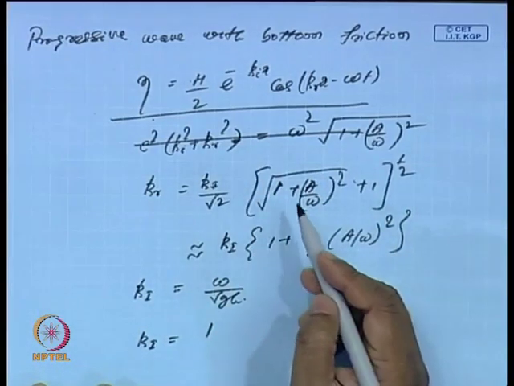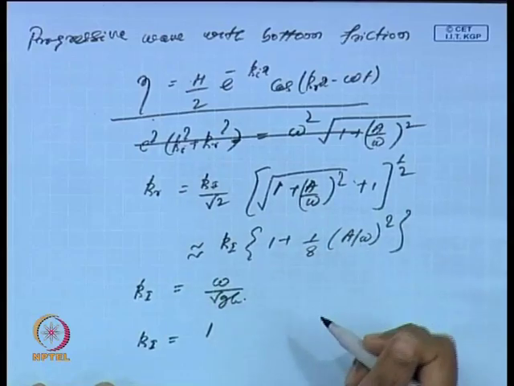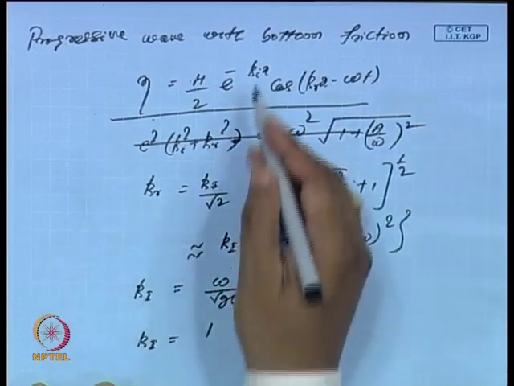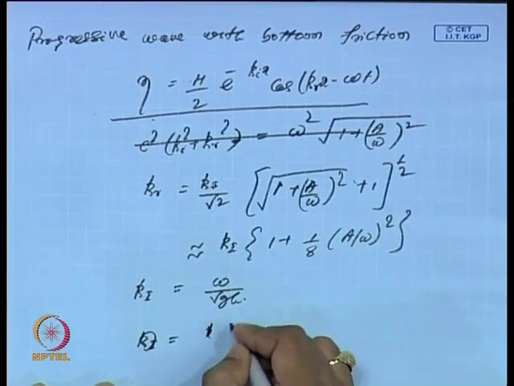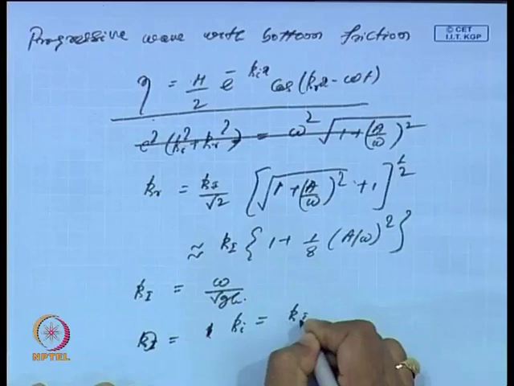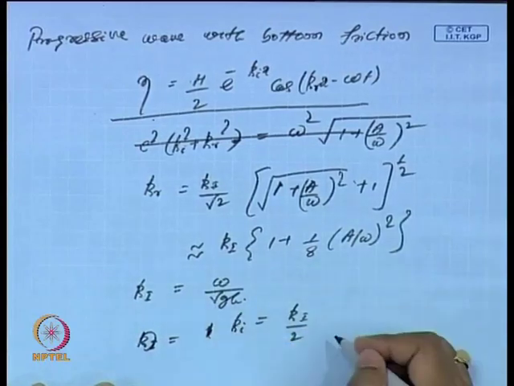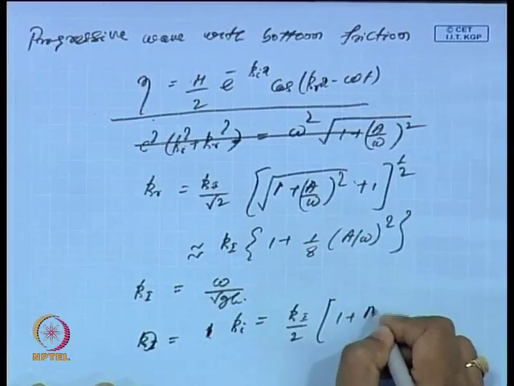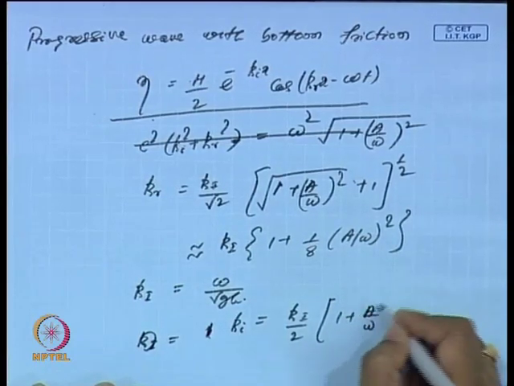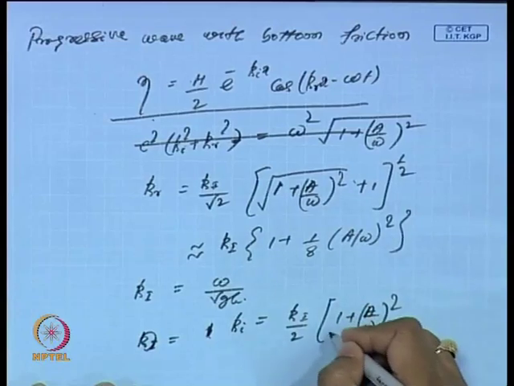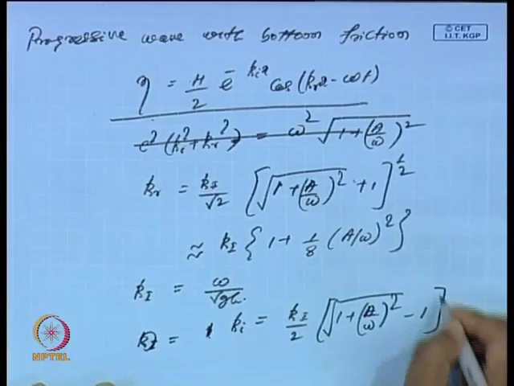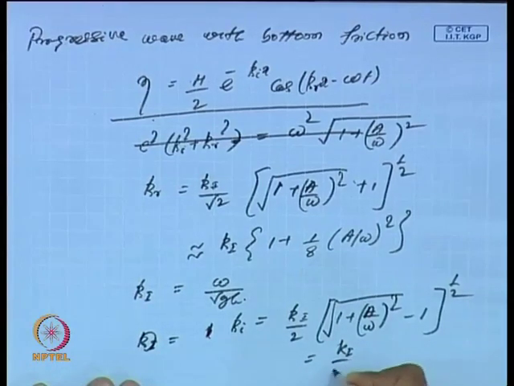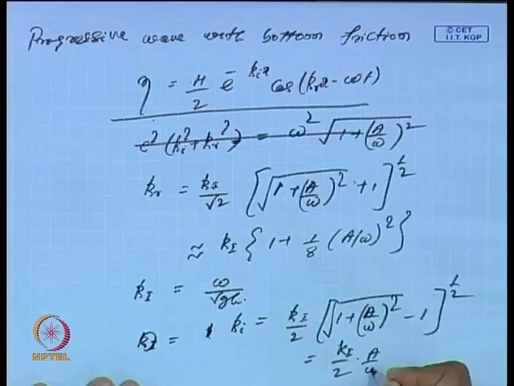k_i. In terms of, okay, then another relation I have, small k_i is omega by g h. On the other hand, I have a small i. So, my small k_i will be k_I by 2, where k_I is omega by root g h, this is k_I by 2 into (1 plus (a by omega) square) root over minus 1, to the power half, and this is nothing but equal to k_I by 2 into a by omega.